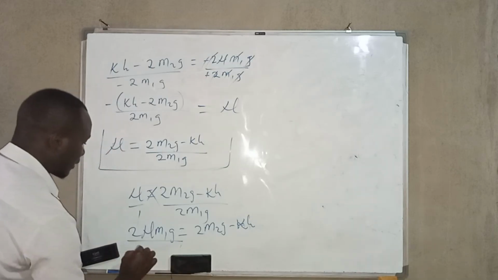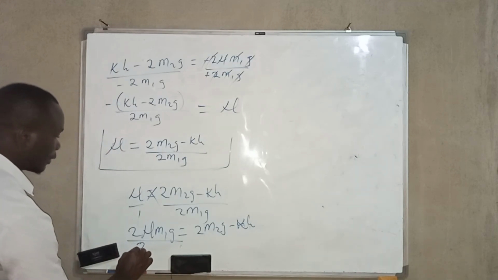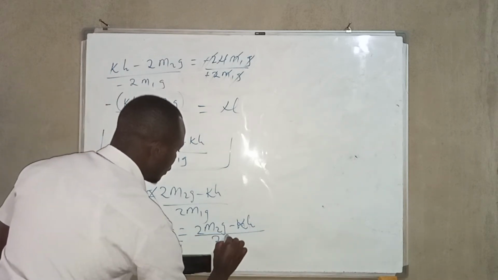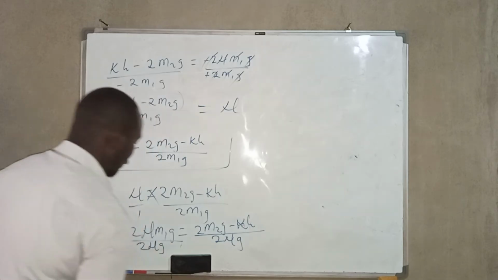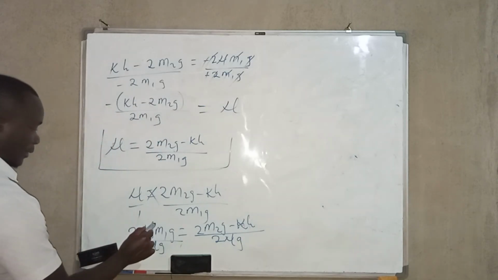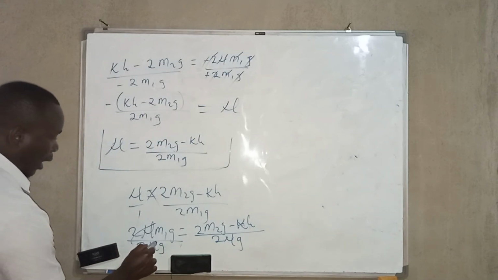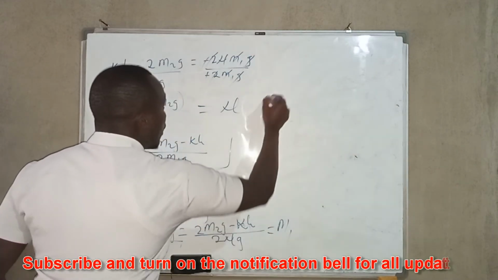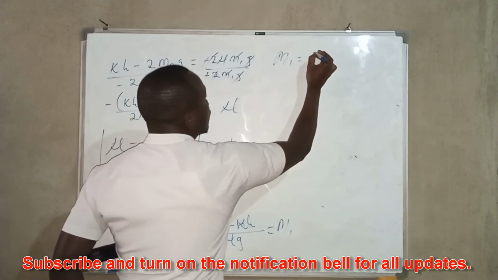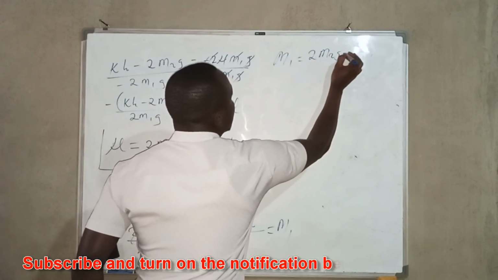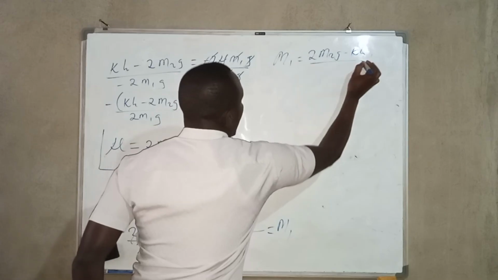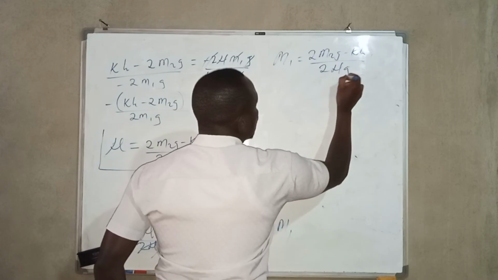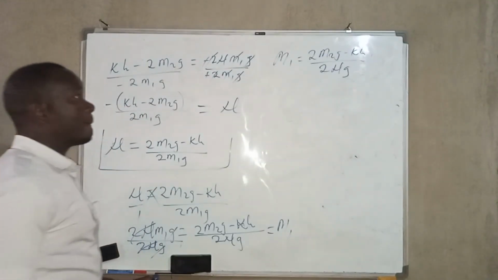Then divide by 2 mu g, also here by 2 mu g, so this and this will go, and m1 will be equal to 2m2g minus kh over 2 mu g. So this is the expression for m1.